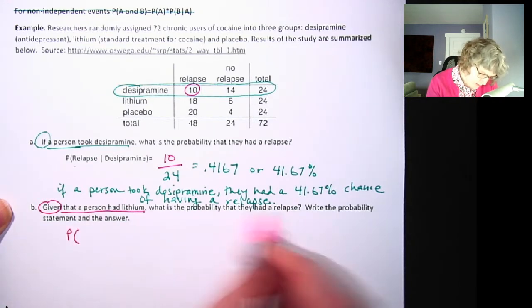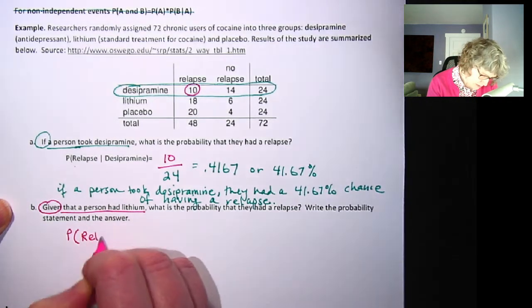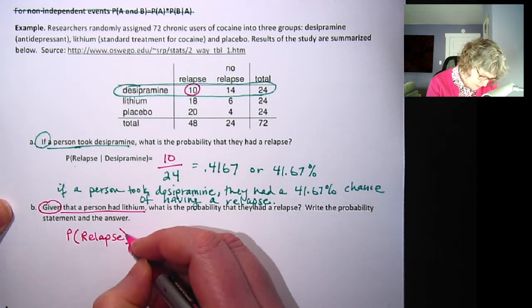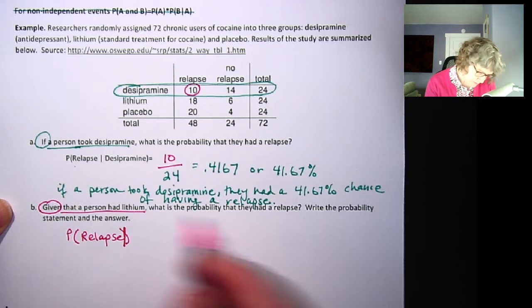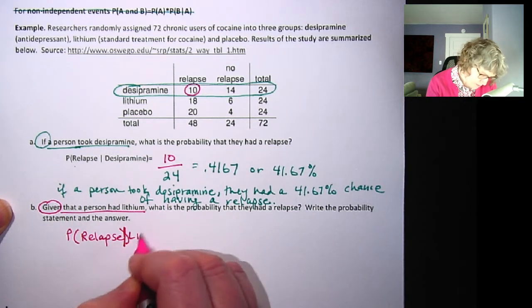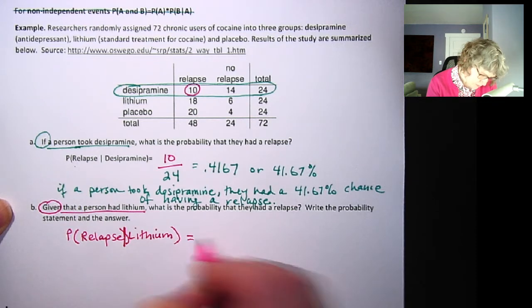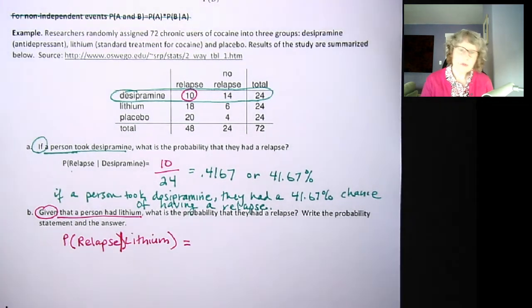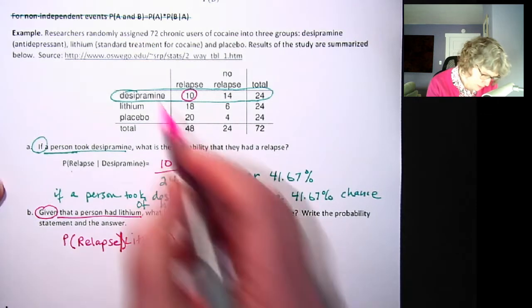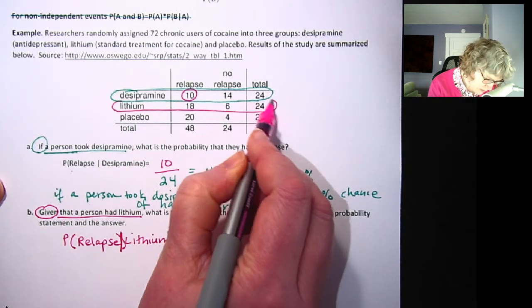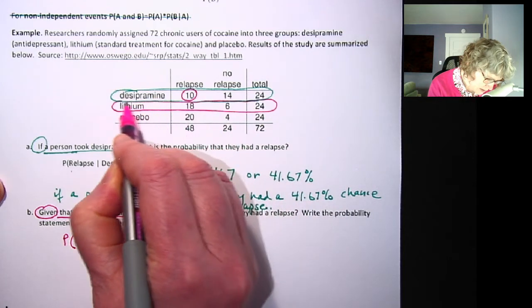Probability of having a relapse given they had lithium. Okay, so now we are only looking at the lithium row. Given they had lithium, so again, we're limited to 24 people.